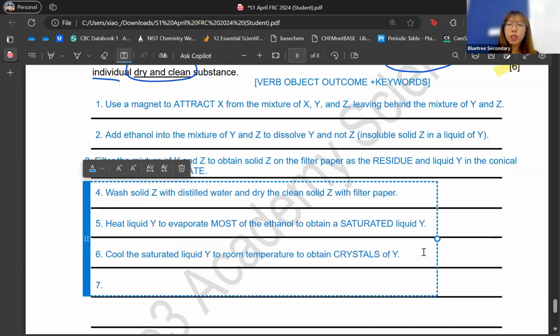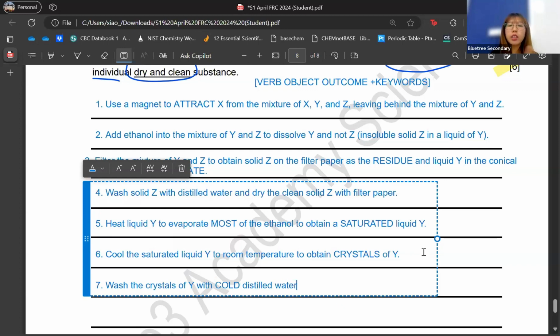And then last step, what do we need to do to ensure the crystals are dry and clean? You do the same as step number 4. Wash the crystals of Y with, but this is the difference between this washing step after crystallization and the washing step in step number 4, that for crystallization, we need to use cold distilled water.